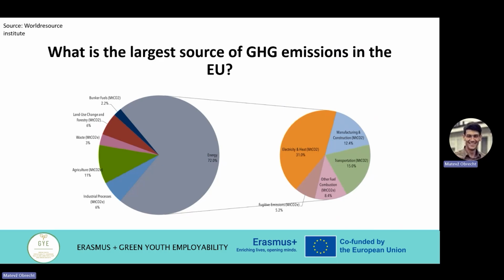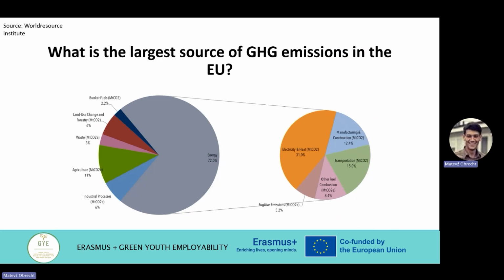Within the energy sector, as you can see on the right side, the biggest part is electricity and heat. That means electricity and heat for heating homes, for heating business facilities, for using it, and so on. Then we have the sector of manufacturing and construction, which also contributes quite a lot because it spends a lot of electricity and fossil fuels.